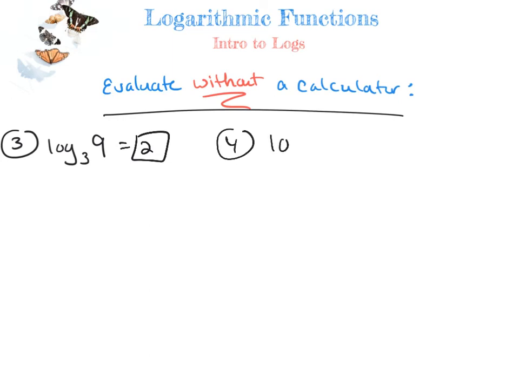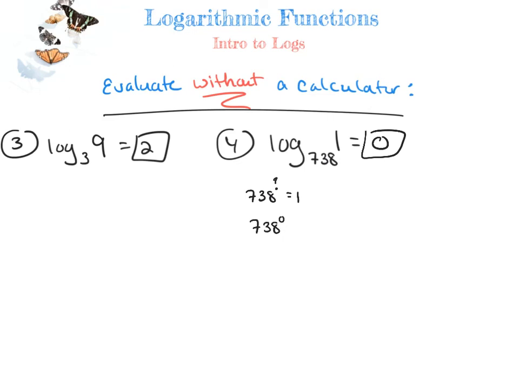What if we did log base 738 of 1? What is the exponent we put on 738 to get out a 1? 738 to what exponent equals 1? Ooh, 0.